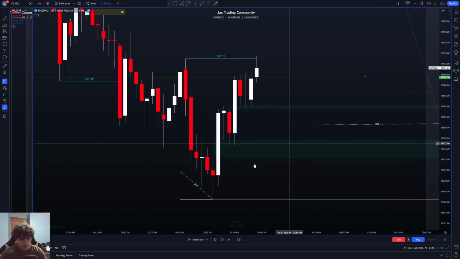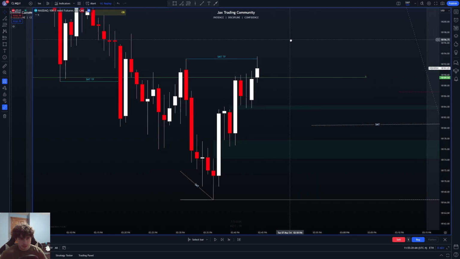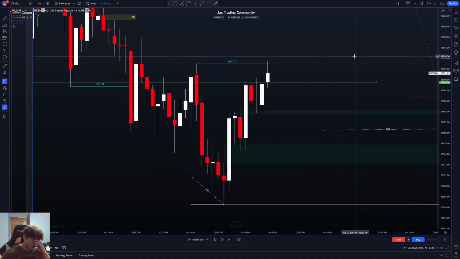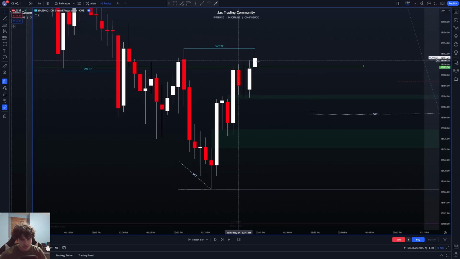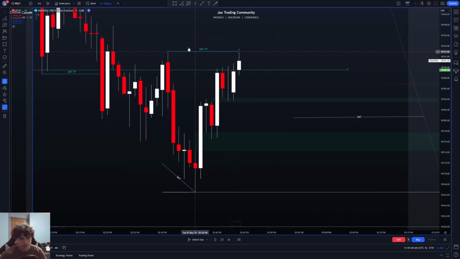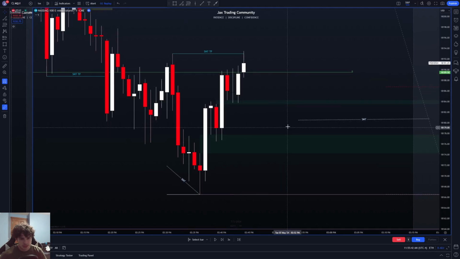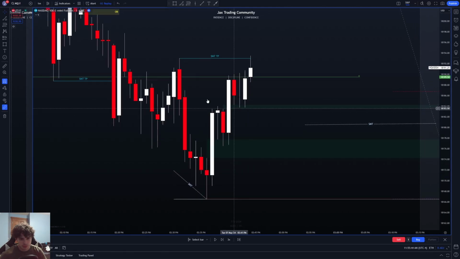So how this works, this right here is a perfect example of a turtle soup setup, right? Very, very profitable, high win rate setup. You have an SMT, displacement up. So number one, I'm going to list out these confirmations, or basically a list of confluences that show us that we'll have a reversal.